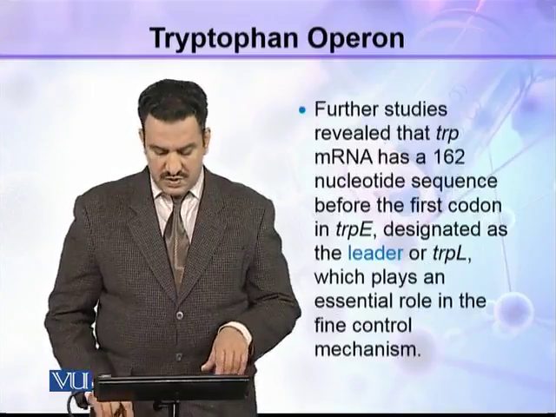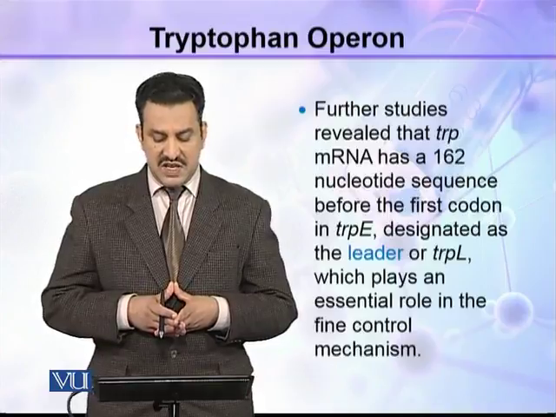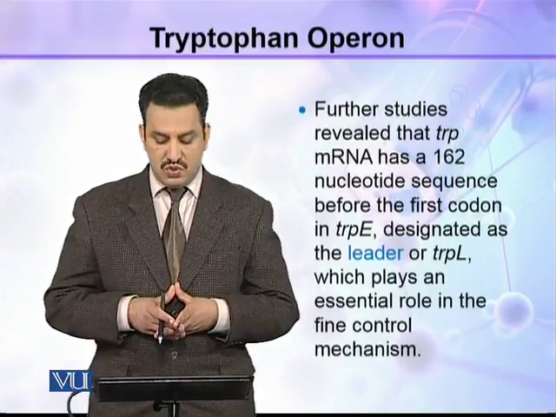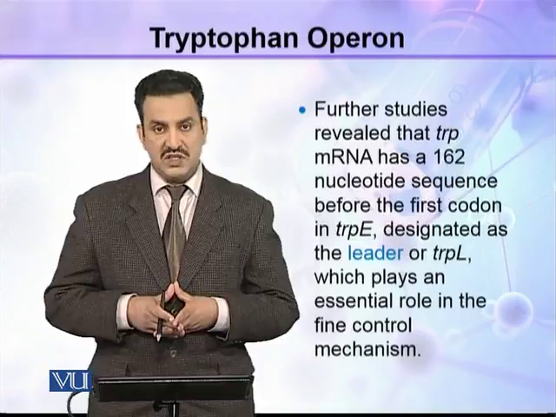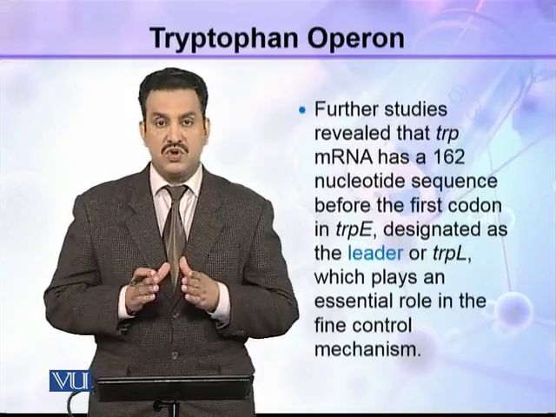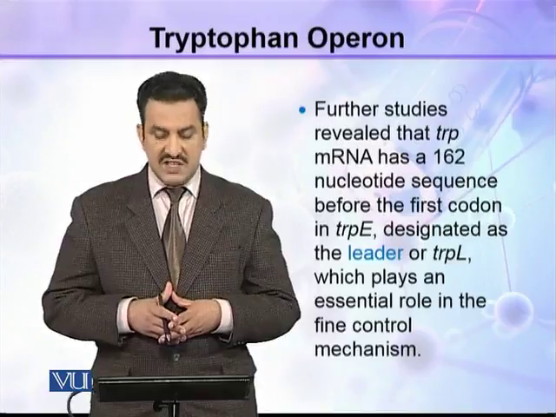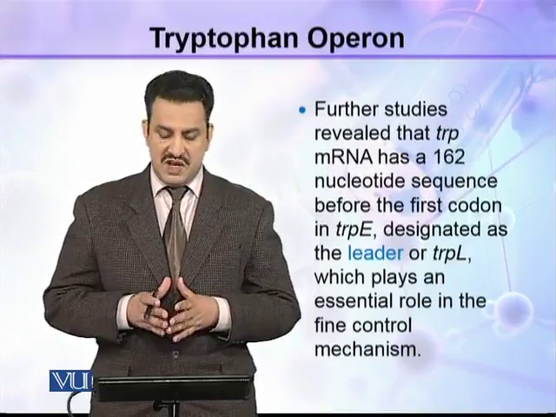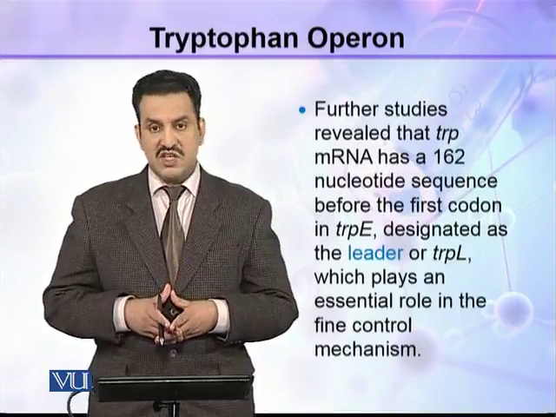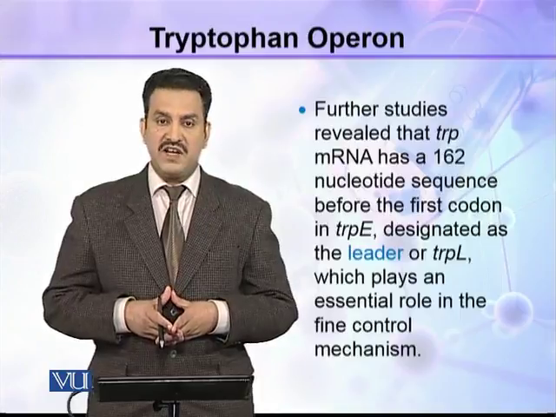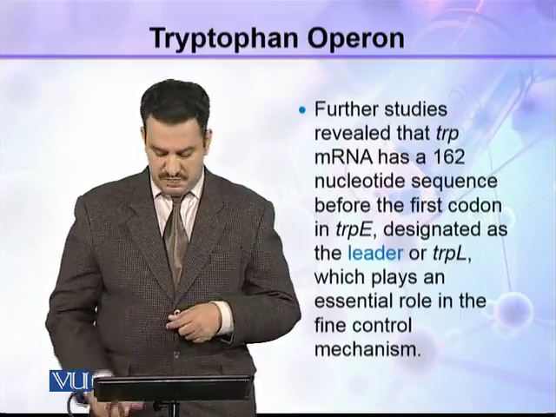Further studies revealed that trpE mRNA has a 162 nucleotide sequence before the first codon in trpE, designated as the leader or trpL, which plays an essential role in the fine control mechanism.